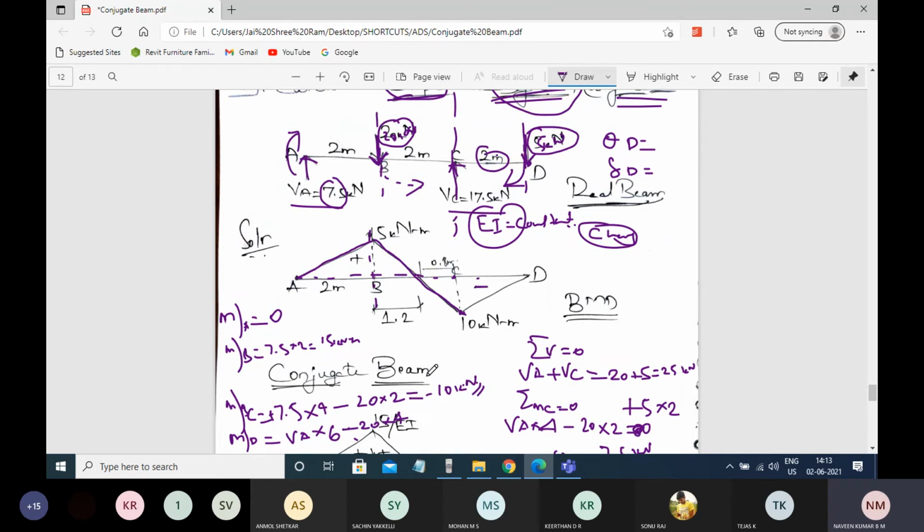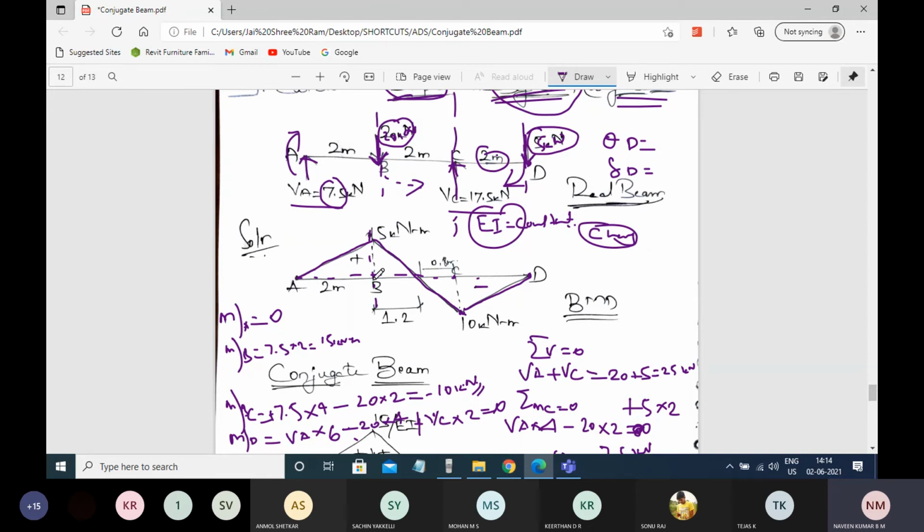Again we have VC, so plus VC, because the rotation of this particular load will be clockwise, so VC times 2 meter to reach D. This particular load is acting at the same point, so the perpendicular distance is 0, and this load cannot be considered. If I calculate this, it will be equal to 0, that means moment at D equals 0. So now we got this particular bending moment diagram.